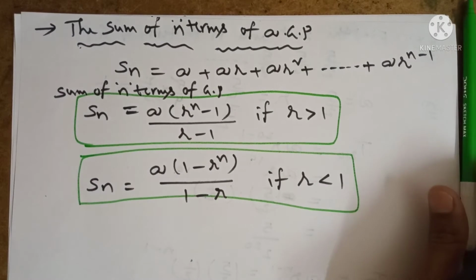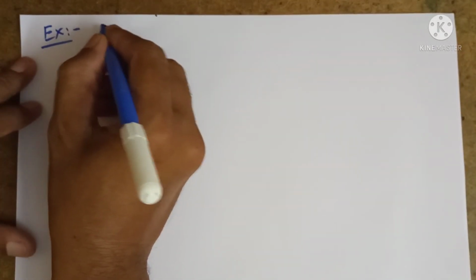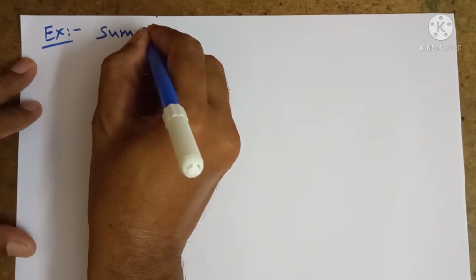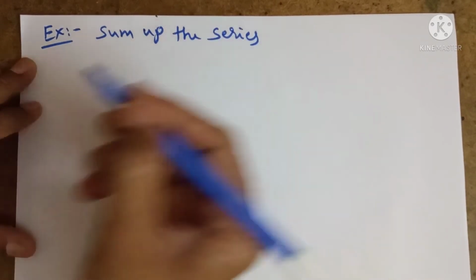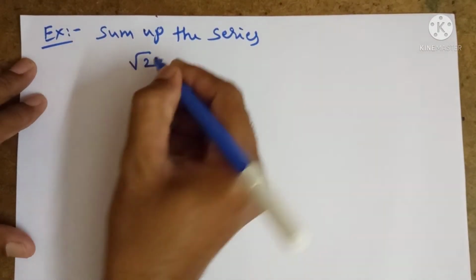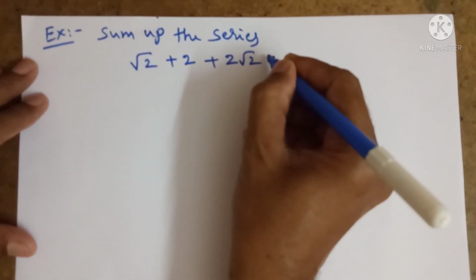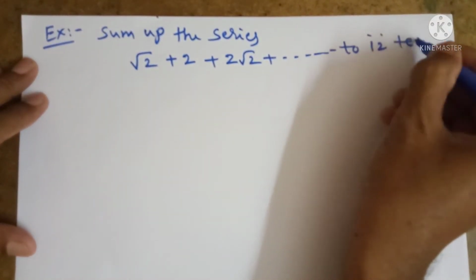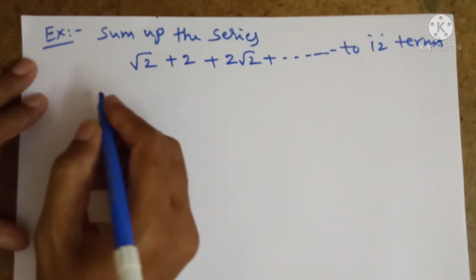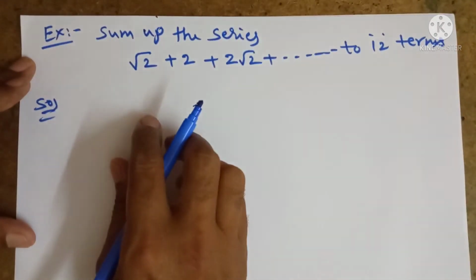Next, example: sum of the series root 2 plus 2 plus 2 root 2 and so on to 12 terms. Suppose the series is given like this, up to 12 terms.